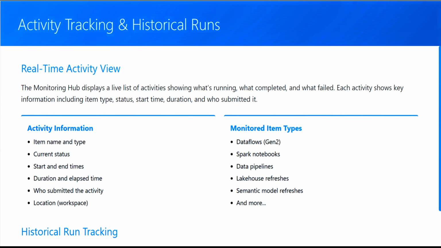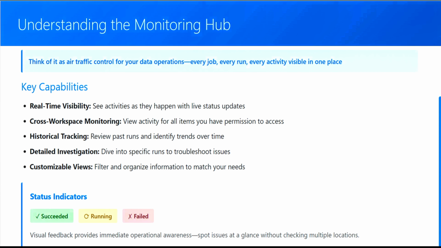And the status indicators are your quick health check. You can see green for succeeded, so you can think it's running fine. Then you can see red for failed status.